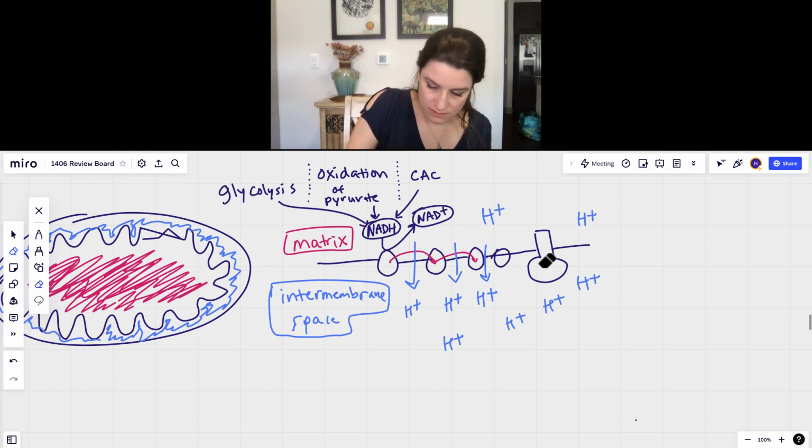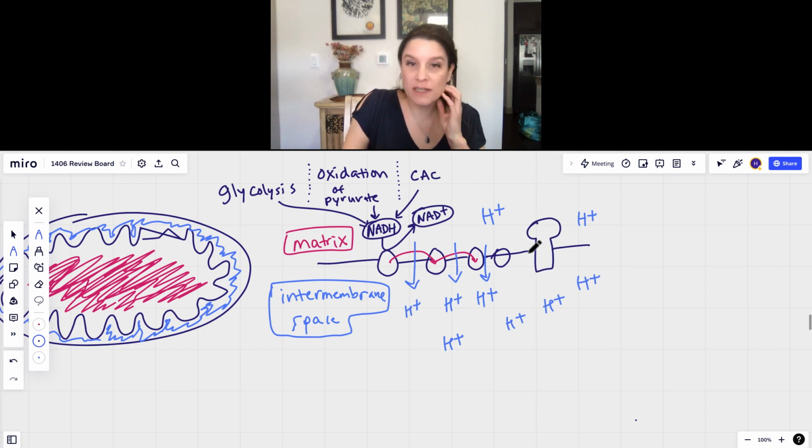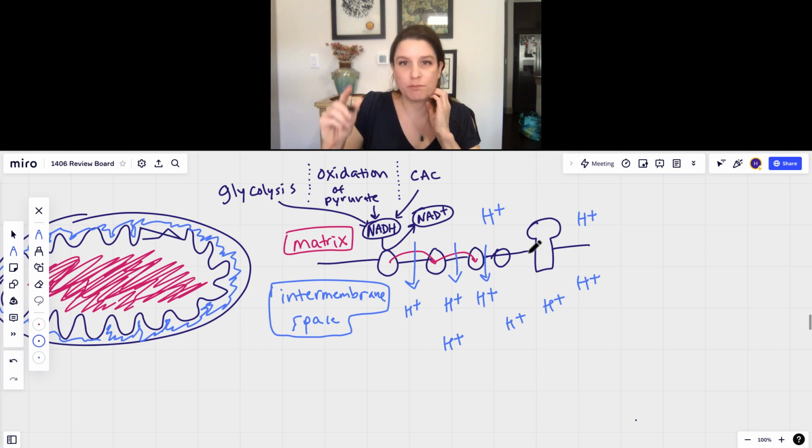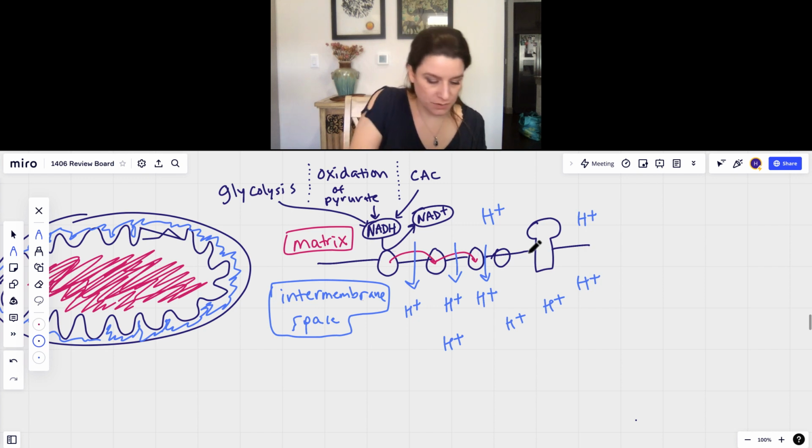I guess I usually draw it the other direction of movement, but it doesn't matter. I draw it like this because the bulb part, that kind of lollipop head part, which spins, is the part that's on the opposite side of where the hydrogen ions go through.